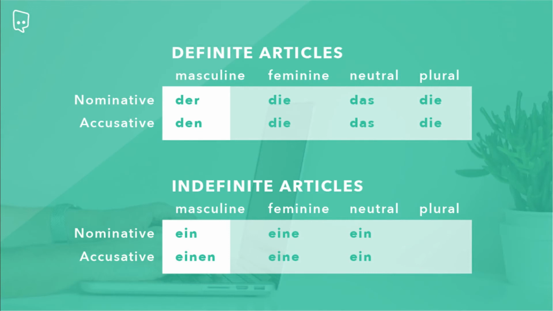So you only have to remember der changes to den. And the same for indefinite articles. Ein changes to einen, but the other articles stay the same. Eine stays eine, then we have ein in the neutral, which doesn't change either, and then we don't have a plural article.